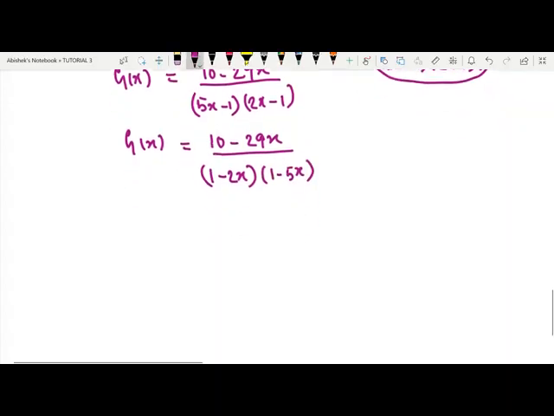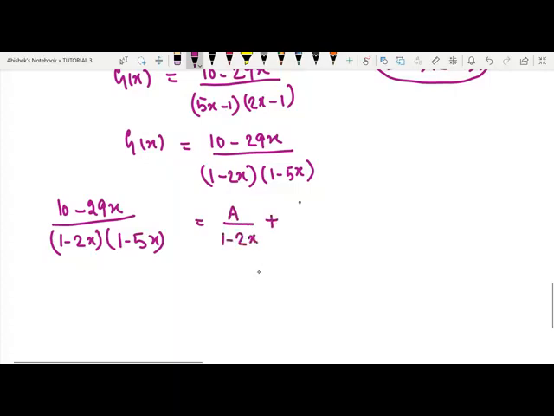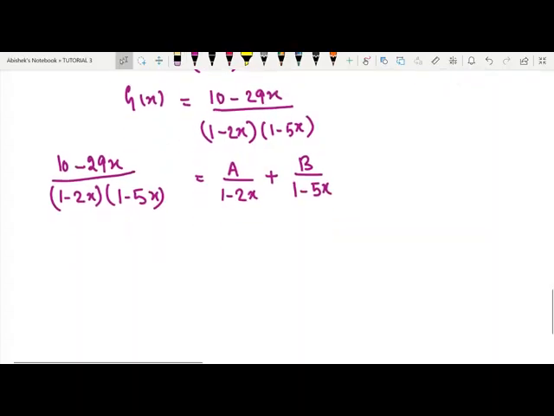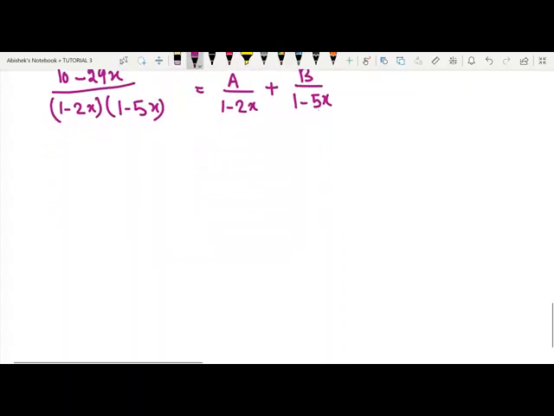Next step, decompose the above expression by using partial fractions. 10 minus 29x over 1 minus 2x, 1 minus 5x equals a by 1 minus 2x plus b by 1 minus 5x. Solving this expression, we get a equals 3 and b equals 7.